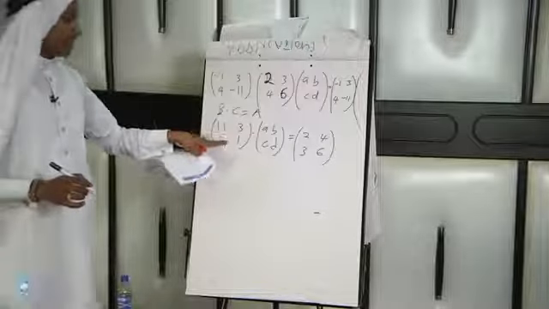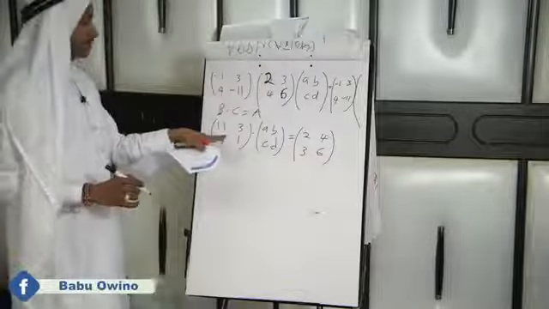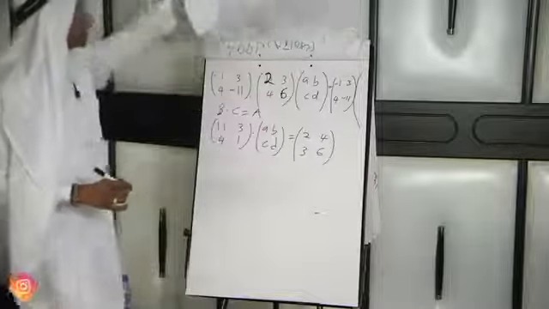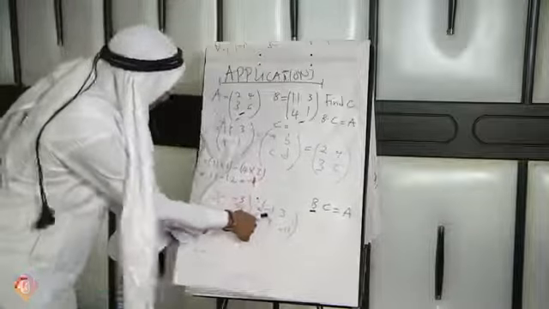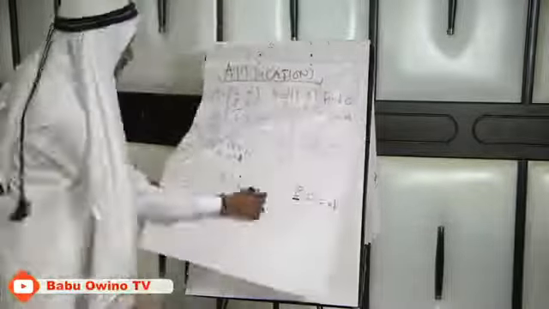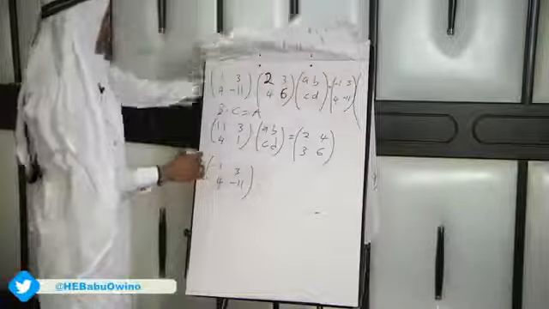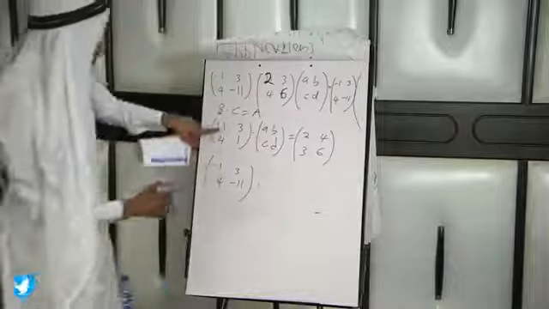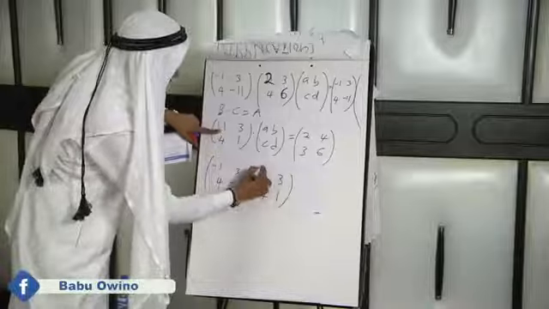Then pre-multiply by the inverse of B. So what did we get as the inverse? The inverse is here. Minus 1, 4, 3, minus 11. Good. You pre-multiply by 11, 3, 4, 1.